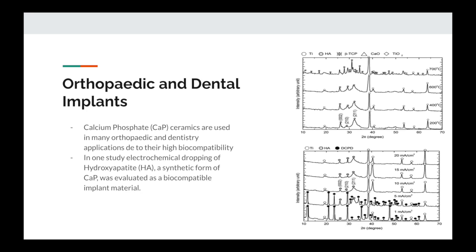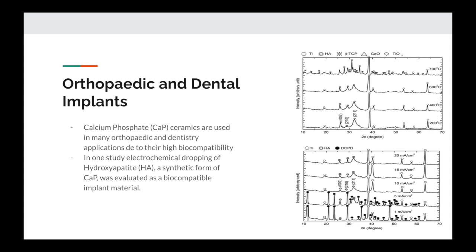The second 2 theta versus intensity plot in figure 6 shows the crystallinity of the hydroxyapatite when deposited at different current densities.